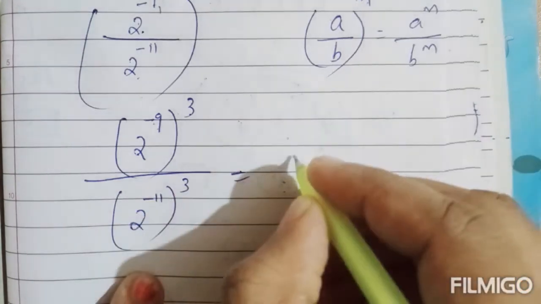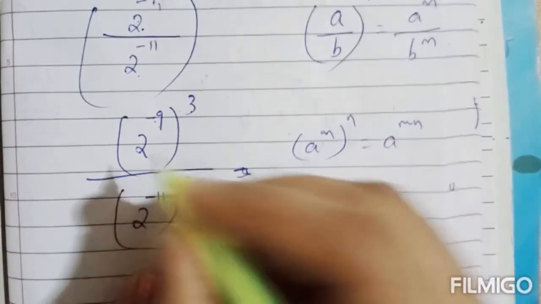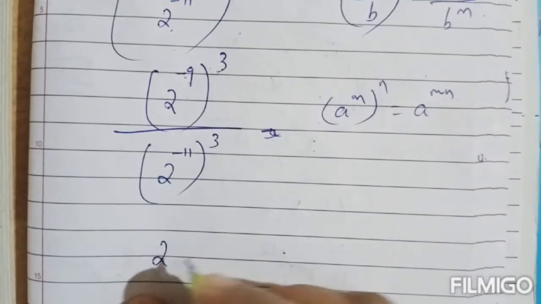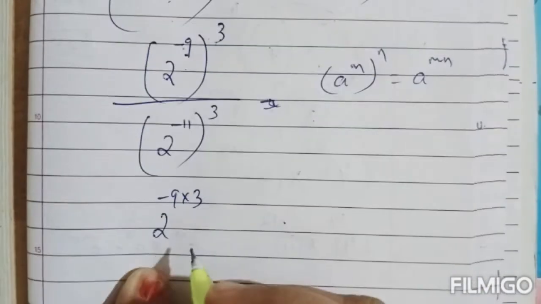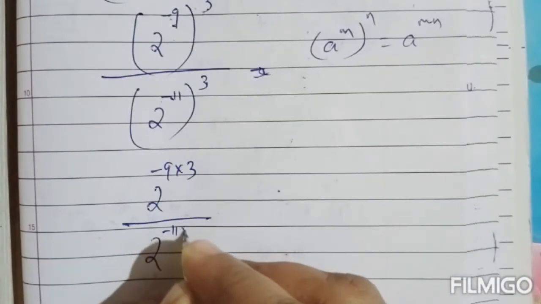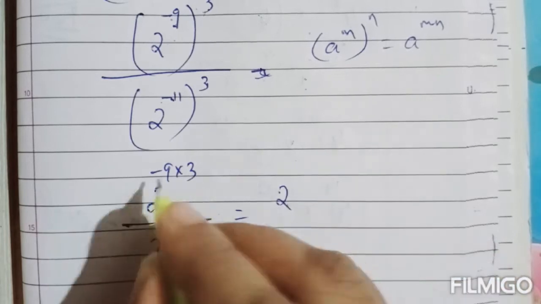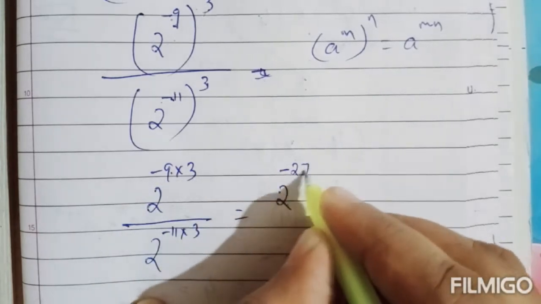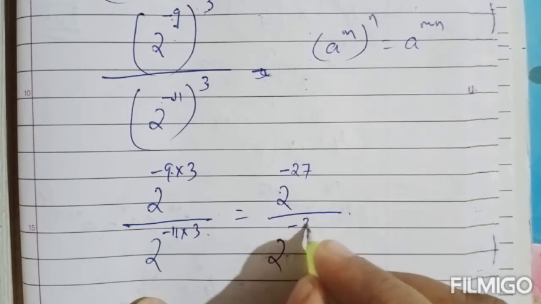A raised to m whole raised to n is a raised to mn. Applying power law, you can write it as 2 raised to minus 9 into 3 divided by 2 raised to minus 11 into 3. So what you will get? 2 raised to minus 9 into 3, minus 27, by 2 raised to minus 11 into 3, it is minus 33.